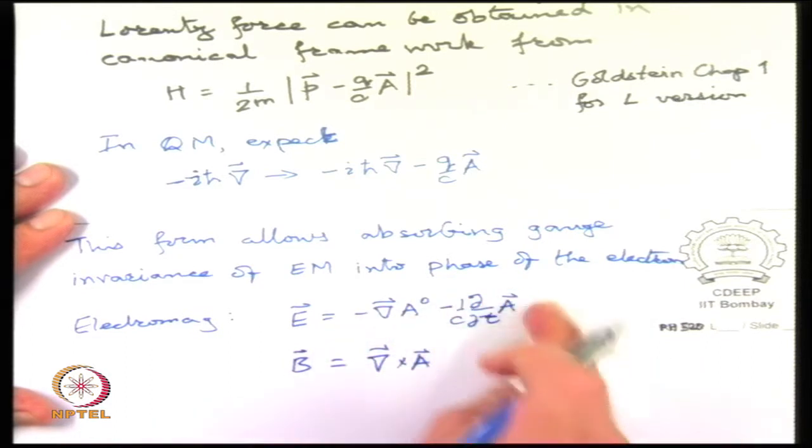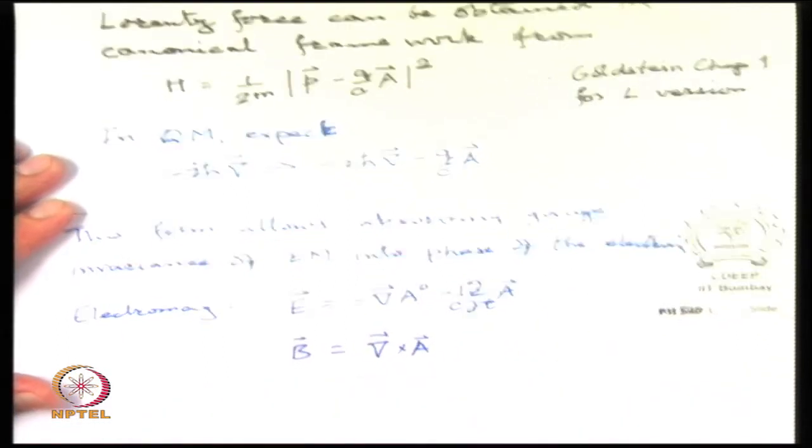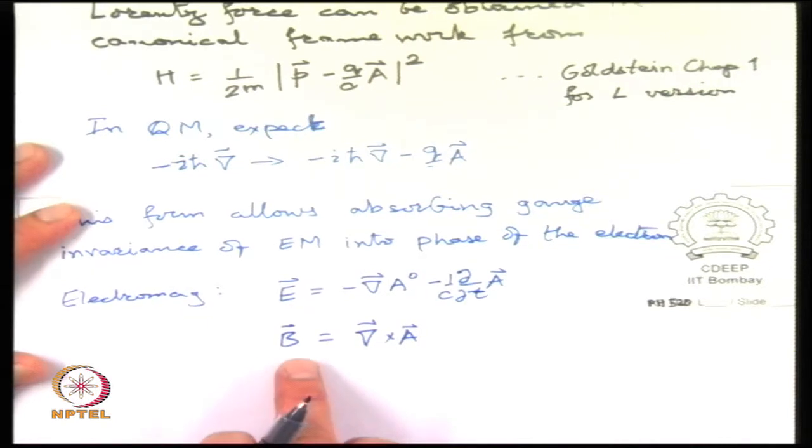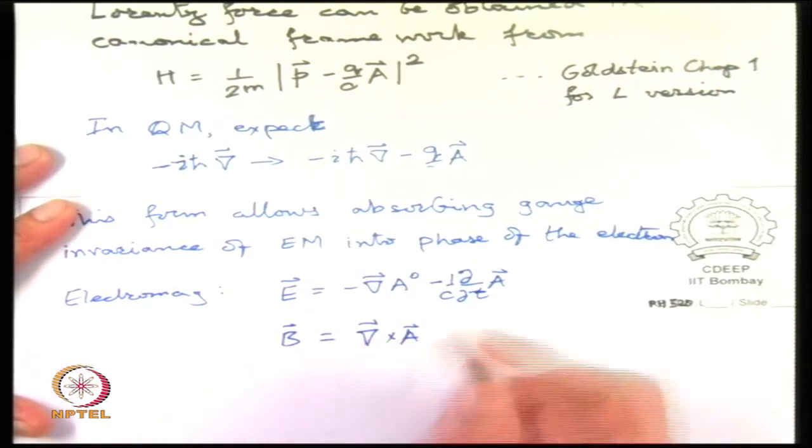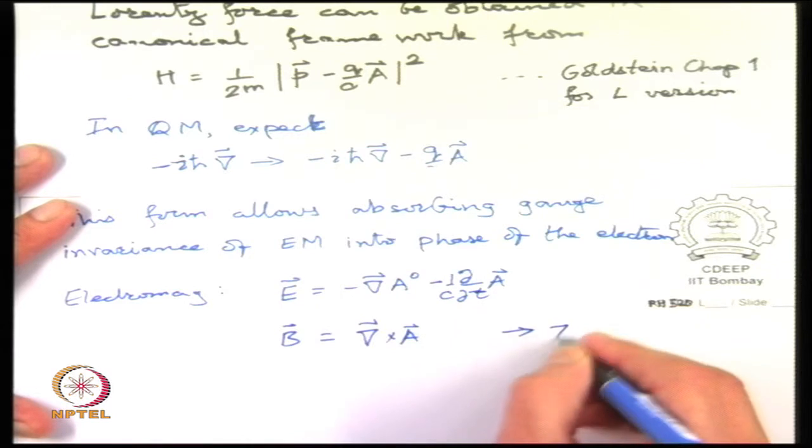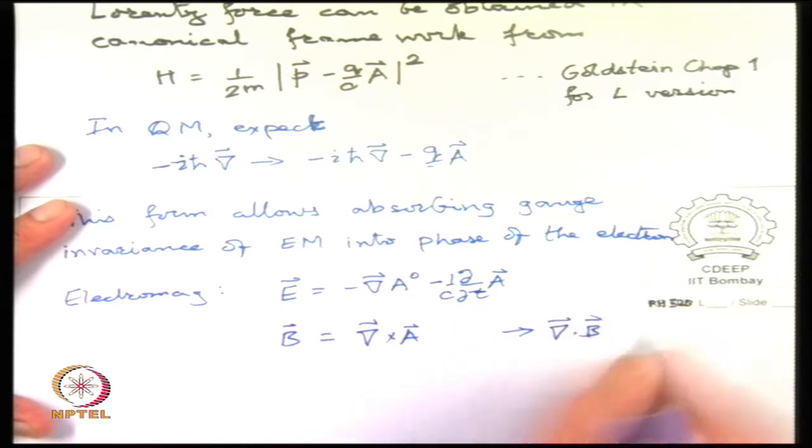In electrodynamics you need to add the d by dt term to take care of Ampere's law correctly. Once you introduce B, this is always possible because div B equal to 0, and once you do this you can then do this.